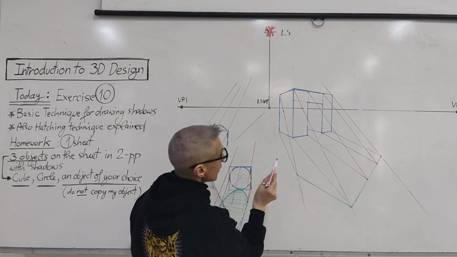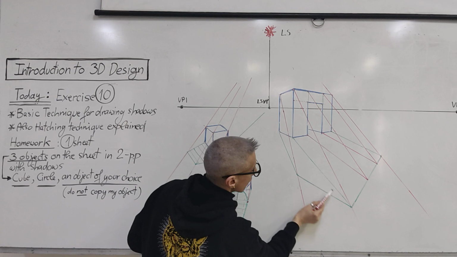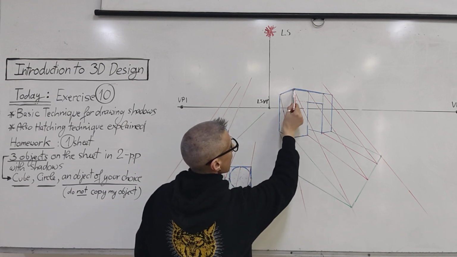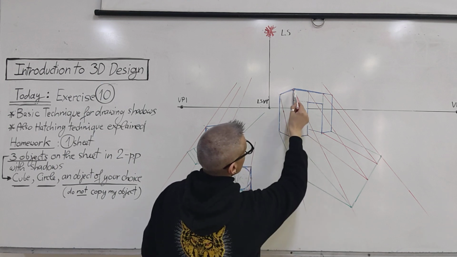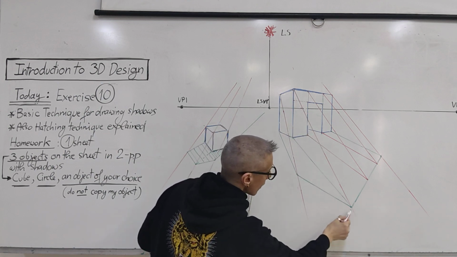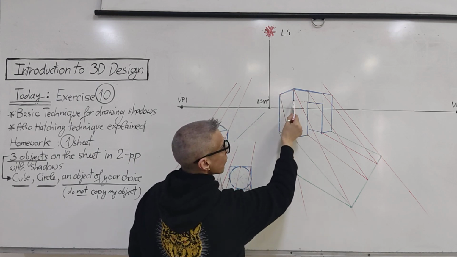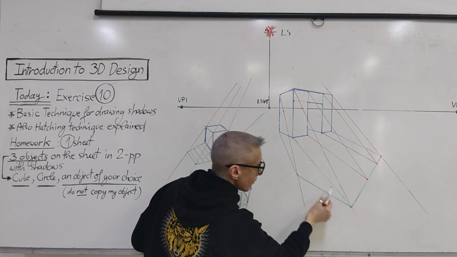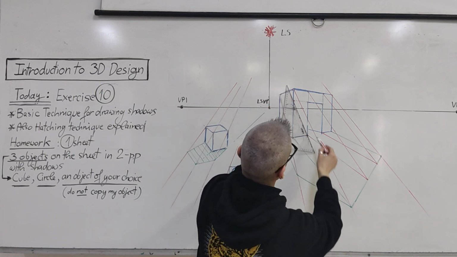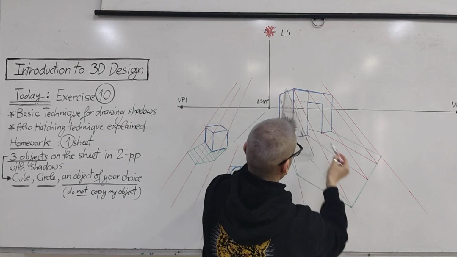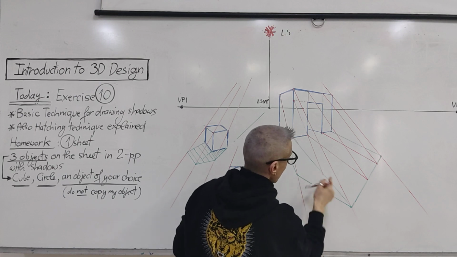So now we have here what? Which line is involved? Basically this line, which is this line, do you see here? So we have the upper point, which is here, the red line, and the green line is the lower point, upper, lower. Now we want to see where this point is on this line, okay? So this point through the light source, and see where it will intersect this line.